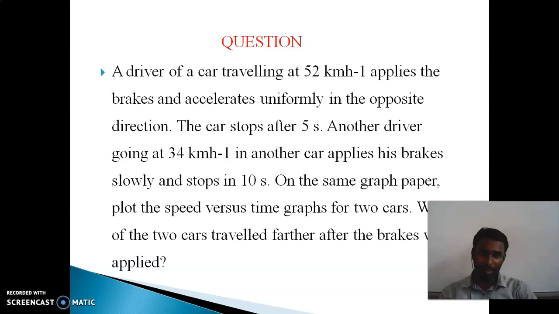The person sitting inside car A applied the brake, and the car stops after 5 seconds. Car B, after the brake is applied, stops in 10 seconds. So we need to find how much distance the two cars traveled after the brakes were applied.